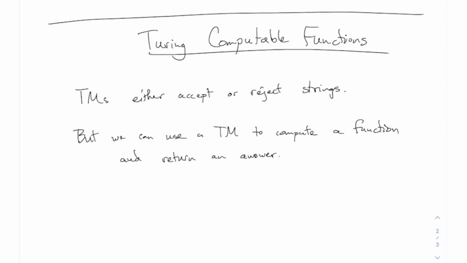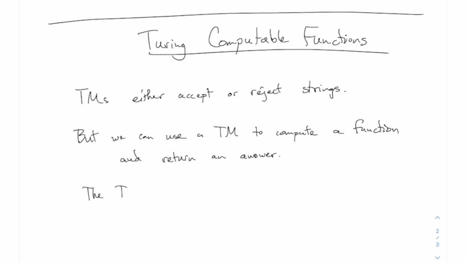This is what people generally think of when they think of computing devices. They are things which give you an answer when you give some input. All right. So in this way, we are going to think of the Turing machine as a computer which is computing the answer to some function.